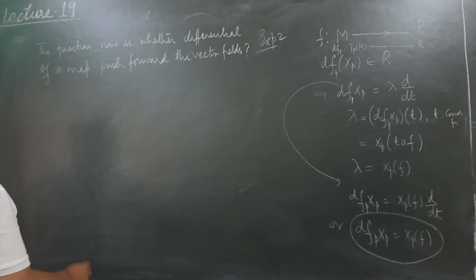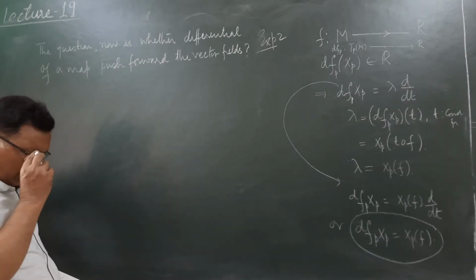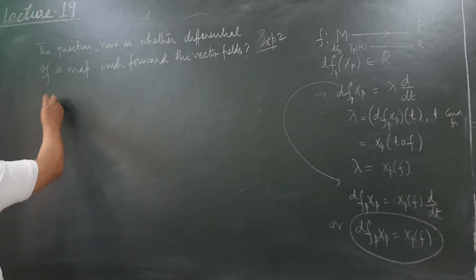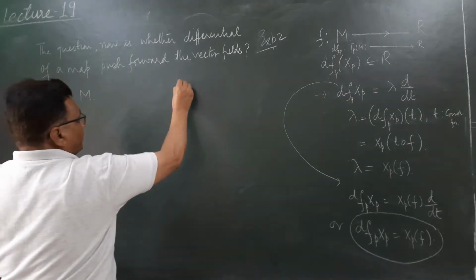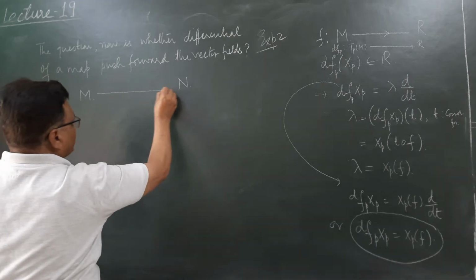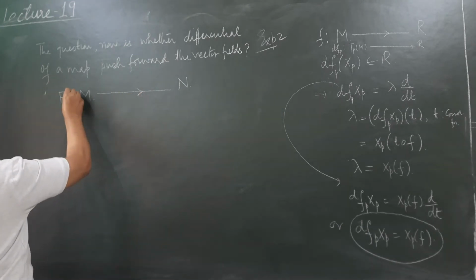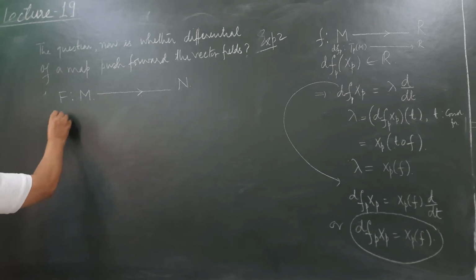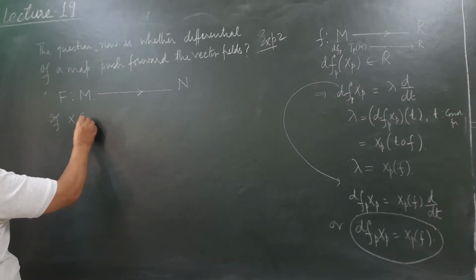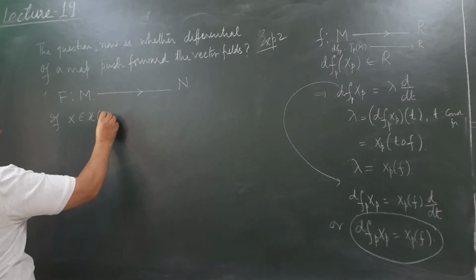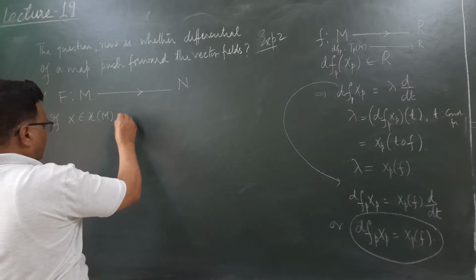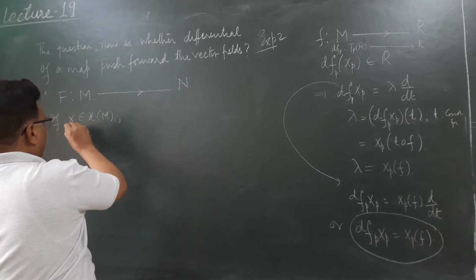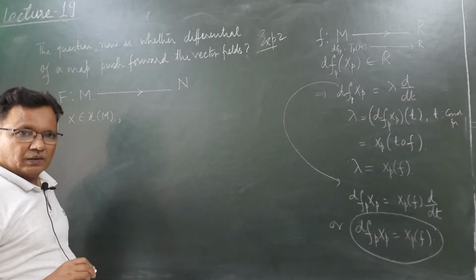So the situation is, it is not true all the time. Suppose the situation is that you have two manifolds M and N, and there is a differentiable map from M to N. So if X is a vector field on M, that is X belonging to χ(M), then क्या df X की बात कर सकते हैं, ये सवाल है.